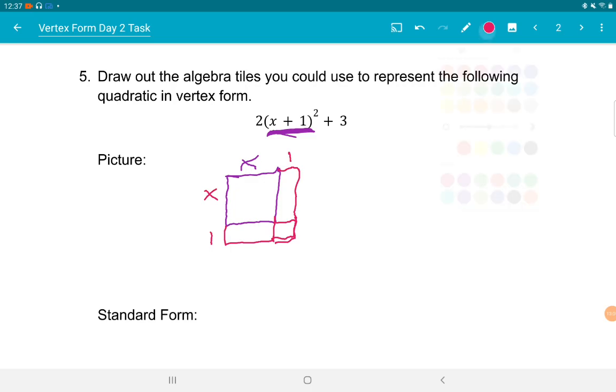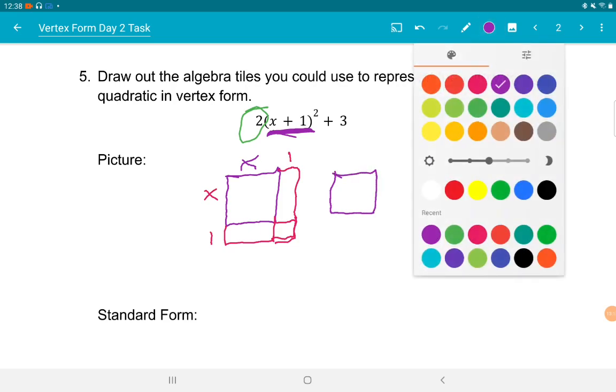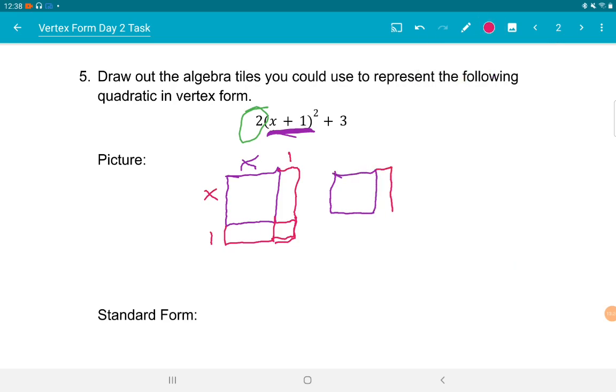But notice on this one, I have a 2 out front, which means I need 2 of these squares, okay? So I'm going to do the exact same thing over again. We're going to do x plus 1, x plus 1, and we're going to fill in that corner, okay? So there's 2 of these squares, right? So I've got 2 of them.